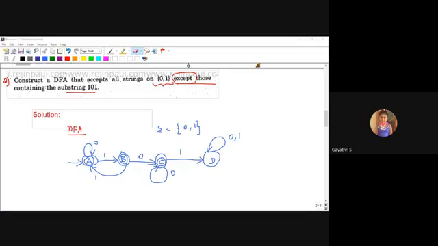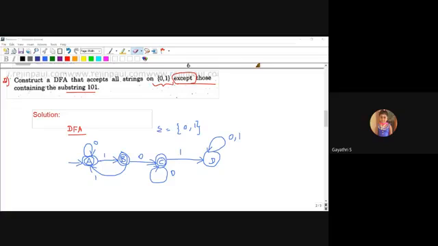Post in your chat box. Is it clear? Why does B have no self loop? You can try with B having a self loop on 1. And this is not the only solution for this problem. One or more solutions are also possible.